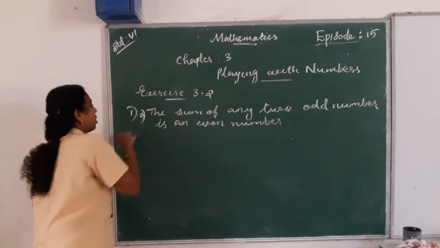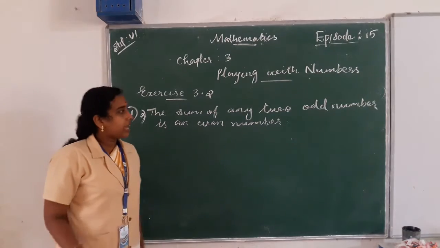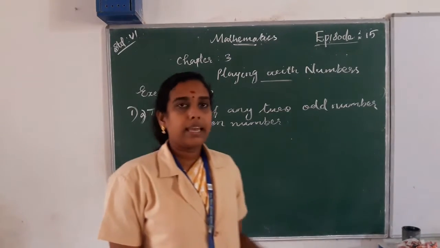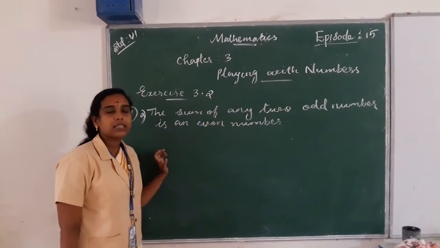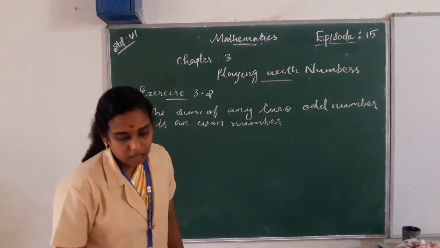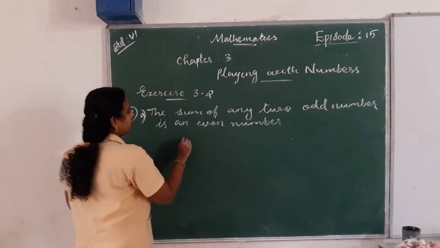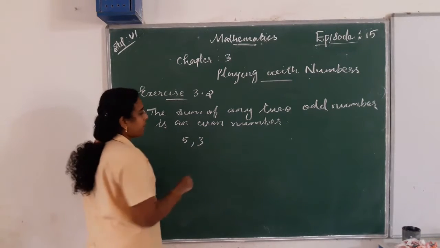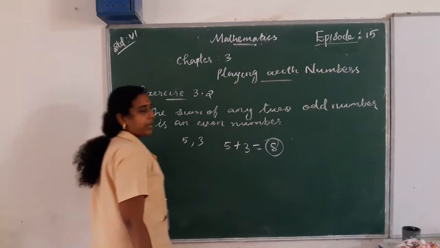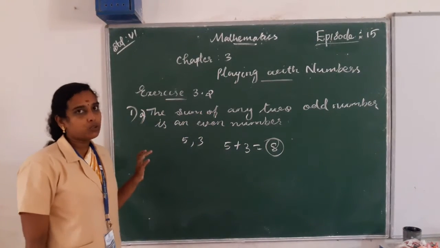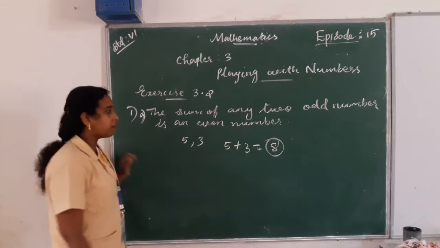So in question 1A, if we add any two odd numbers, then we get an even number. For example, 5 and 3 are two odd numbers. If we add 5 plus 3, we get 8. 8 is an even number. Like this, if we add any two odd numbers, we get an even number.